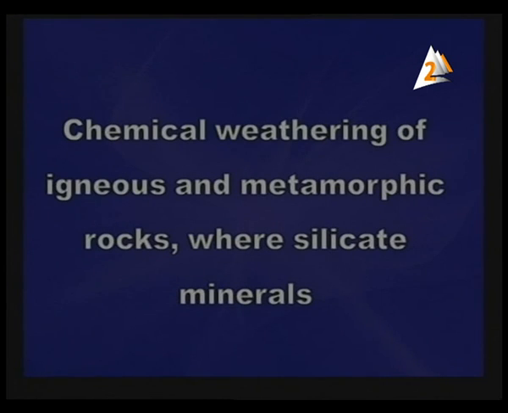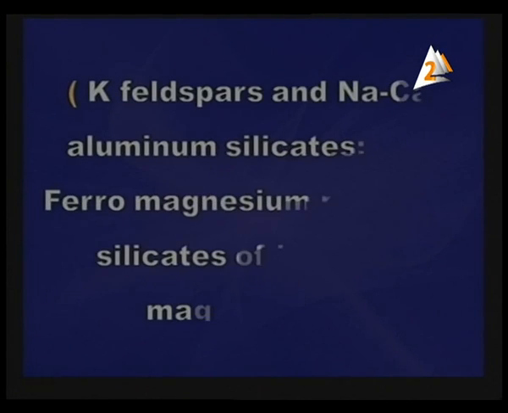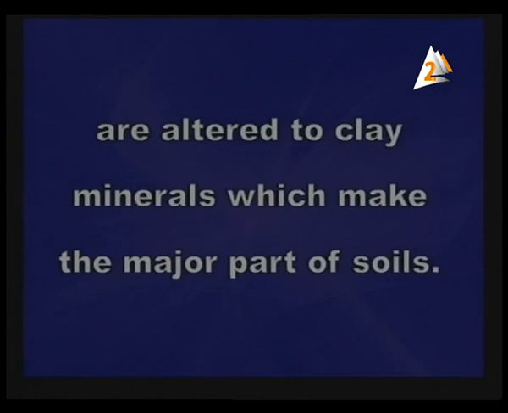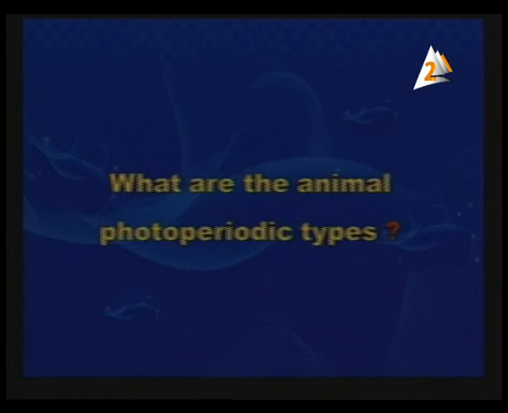In chemical weathering of igneous and metamorphic rock, silicate minerals also decay, like potassium feldspars, sodium calcium aluminum silicates, and ferromagnesium minerals, silicates of iron and magnesium. All of these are different minerals of the hard rocks. They are altered to clay minerals, which make the major part of soils.